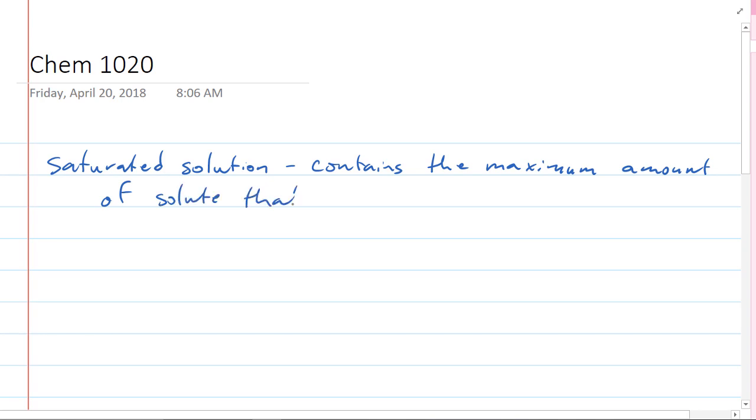We say that a saturated solution is one that contains the maximum amount of solute that will dissolve in a specified amount of solvent at a given temperature.